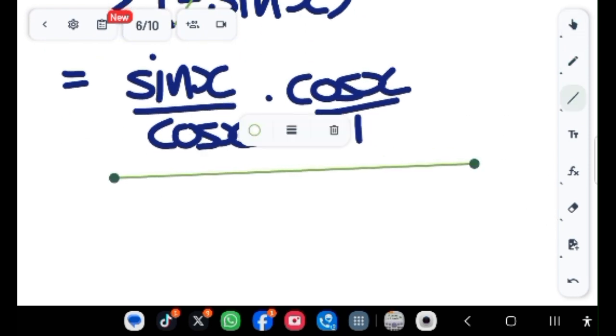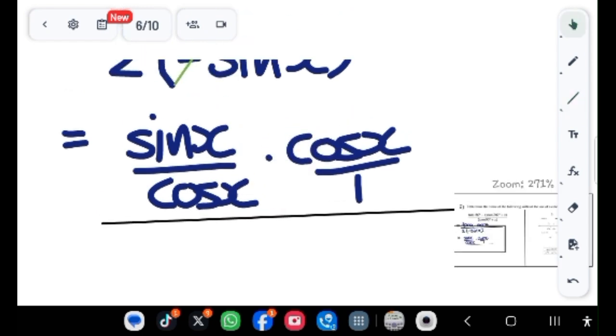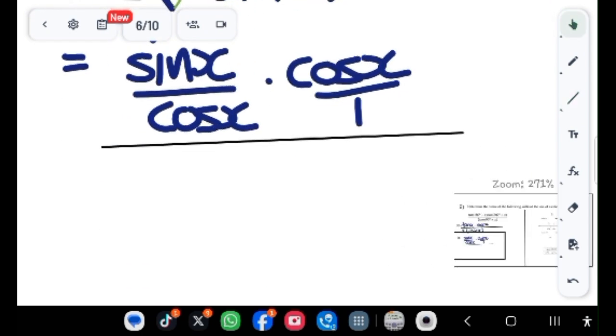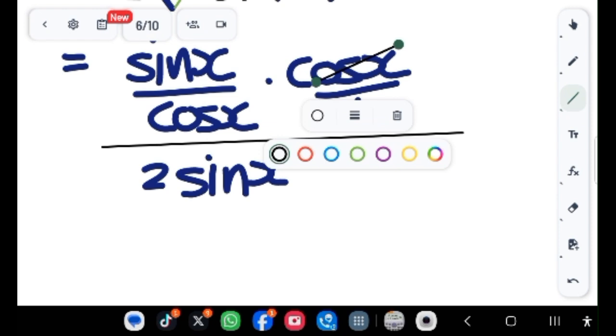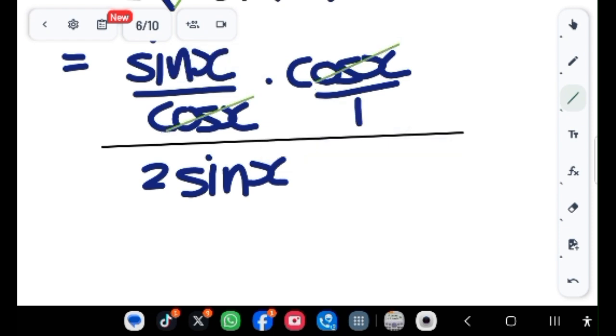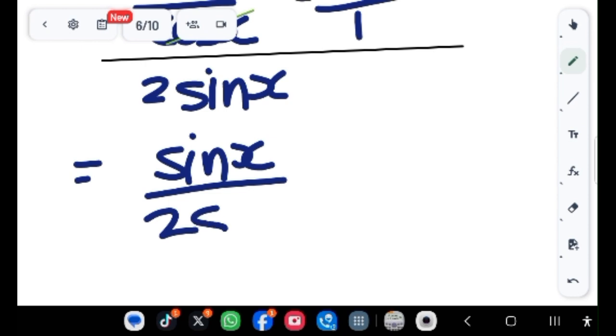No need to do that, but that's how you work it out. Okay, all over 2 times the sine of x. The cos's at the top cancel out. There we go, they cancel each other out, and that leaves us with sine x at the top. So that is sine x over 2 sine x. The sine x's cancel out.